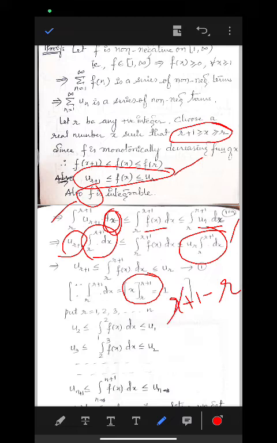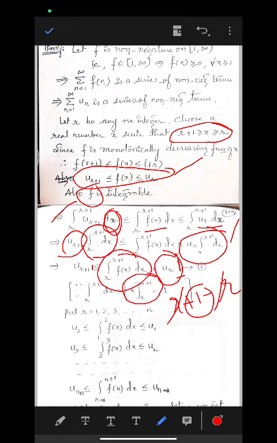So this r and this r get cancelled, and only 1 remains. So here we have u_(r+1) into 1, and the same thing for the right side of the inequality, u_r into 1. The middle part stays as it is.